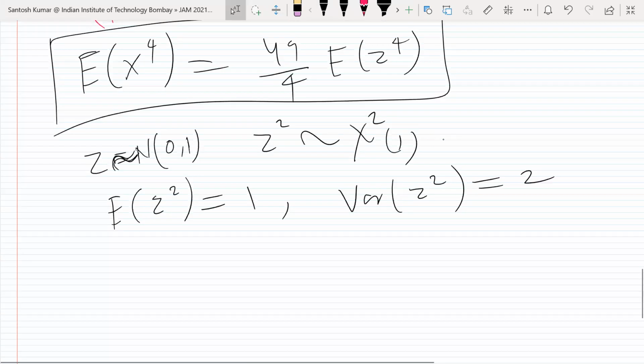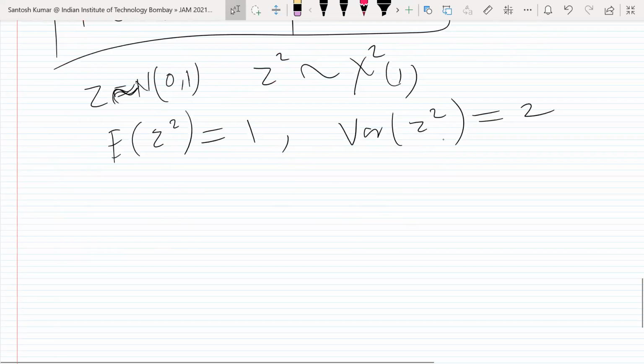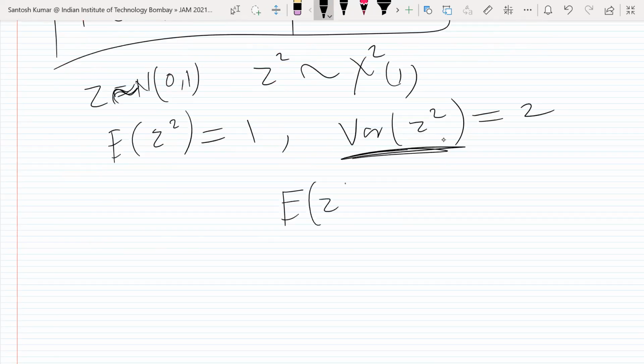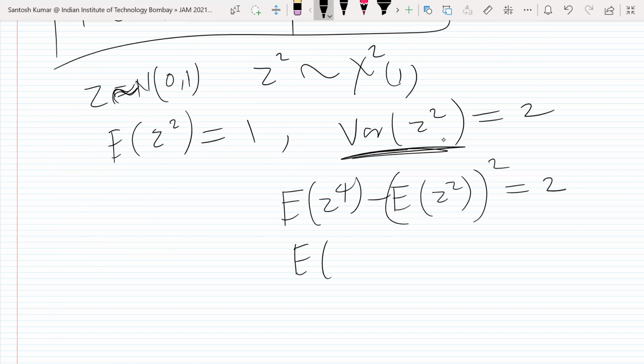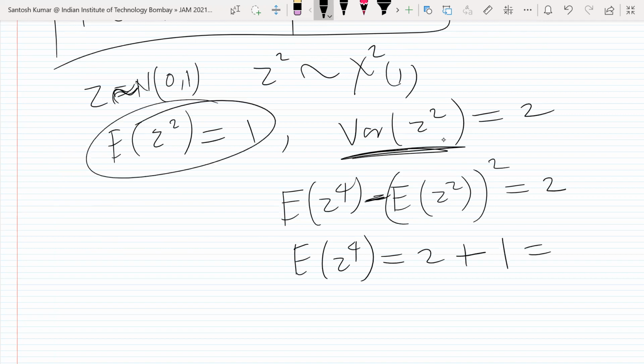So degree of freedom is 1 here, so mean is 1, variance is 2. Let's use this formula. According to the formula, E of z4 minus E of z square whole square is going to be 2. So I need E of z4. So 2 plus, taking the right side, E z square I have 1, so it will be 3. So E z4 I simply got 3.